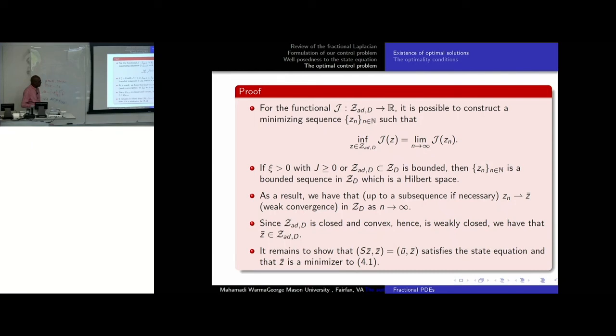Now the conditions given on psi and j, or the admissible control set, say that this minimizing sequence is bounded in the space where the controls belong. Since it is a reflexive Banach space, here a Hilbert space, we have weak convergence to a function z bar. And of course, the closedness of the set of admissible controls says that this limit belongs to the set of admissible controls.